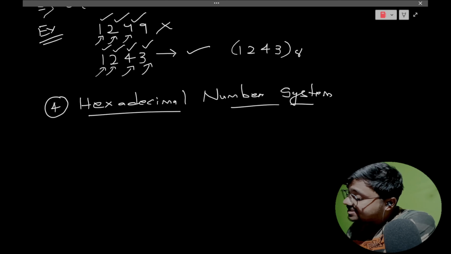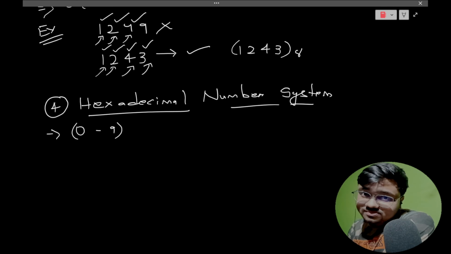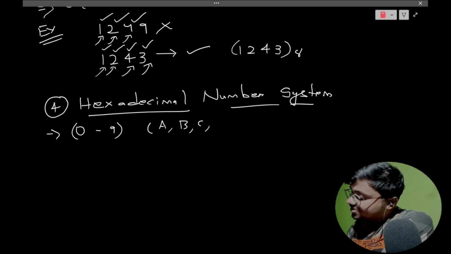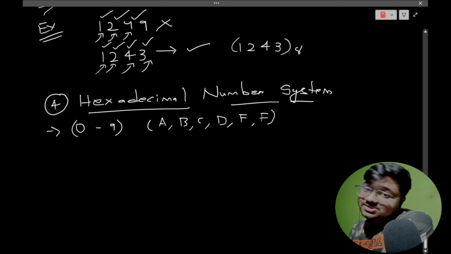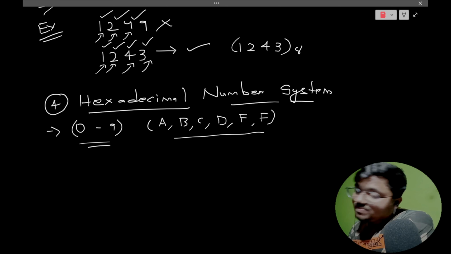Inside this hexadecimal number system, we do have digits from 0 to 9 as usual, and A to F. A is 10, B is 11, C is 12, D is 13, E is 14, and F is 15. So these are the combinations that you will be finding in any hexadecimal system.